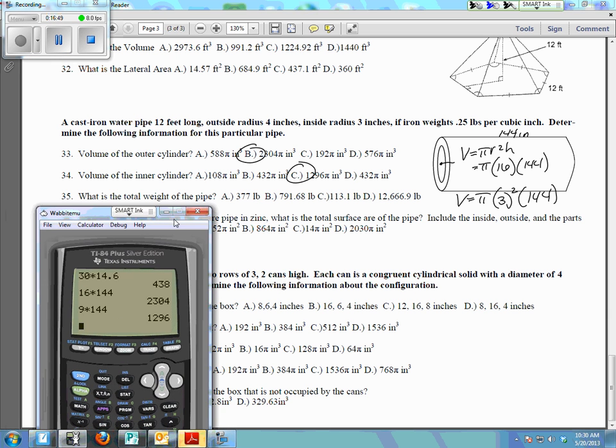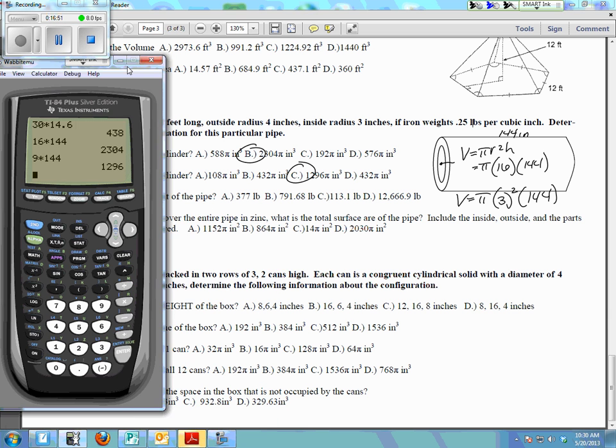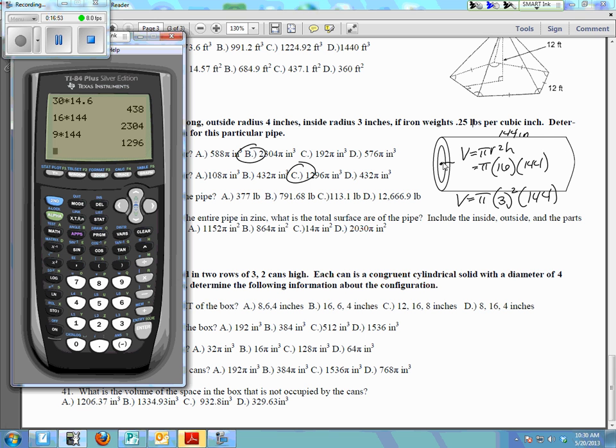Now it says, what is the total weight of the pipe? Well, the pipe is going to be the outer volume, 2,304 pi inches cubed, minus the inner volume of 1296 pi. So that's the actual volume of the pipe.